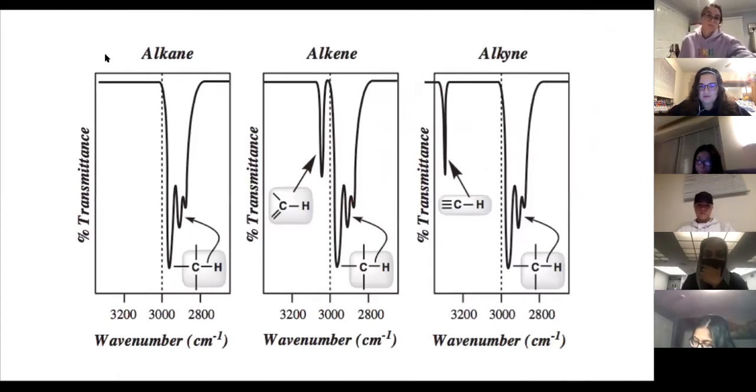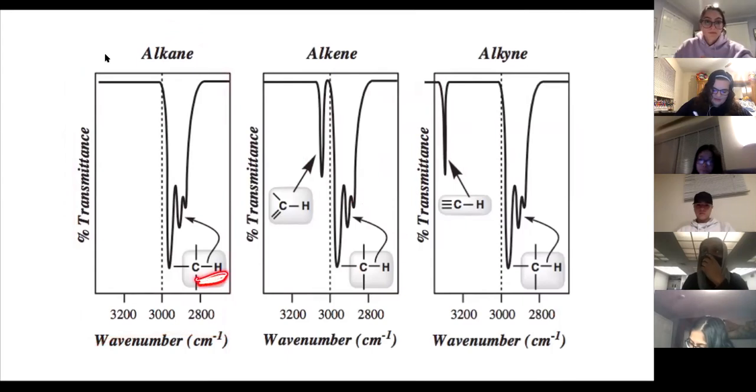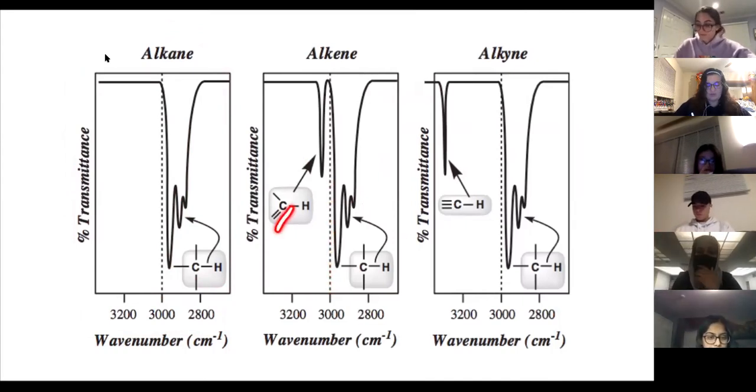So the carbon-hydrogen bonds. Normally, you'll see this. This is the carbon-hydrogen stretching at about 3000. This is the single bonds, right? These little fingertip-looking things. What I like to do and what I've learned from this is if you draw a dotted line at 3000, what you'll see is one line is about the carbon double bond, right?